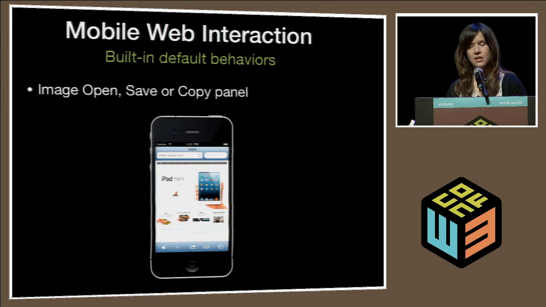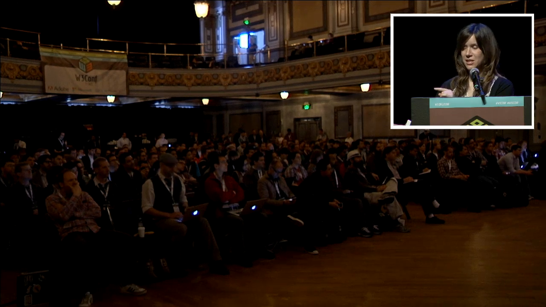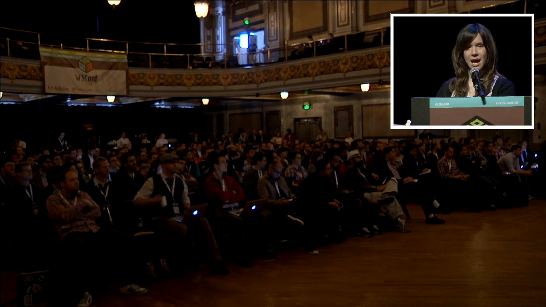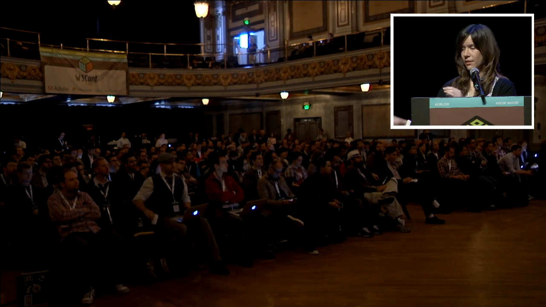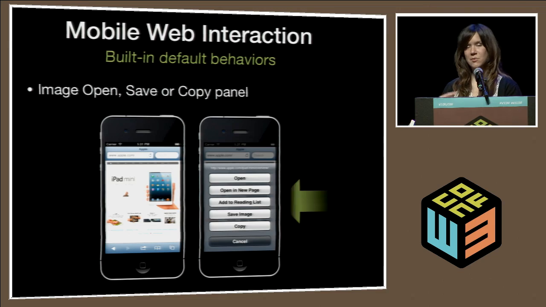And finally, there's the image open, save, or copy panel. So if I wanted to maybe save this image of this iPad mini, I could tap and hold on it, and then this panel would slide up and give me a bunch of choices for what I can do with that image. So these are all built-in behaviors that were created because we're just interacting with these devices with touch, no mouse and no keyboard.